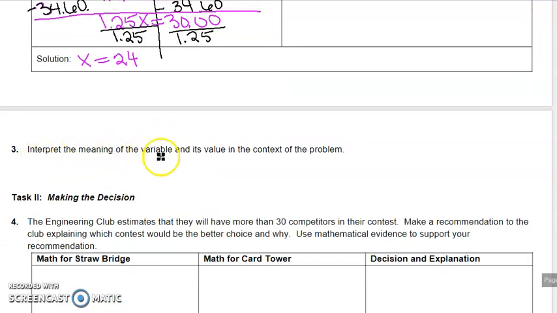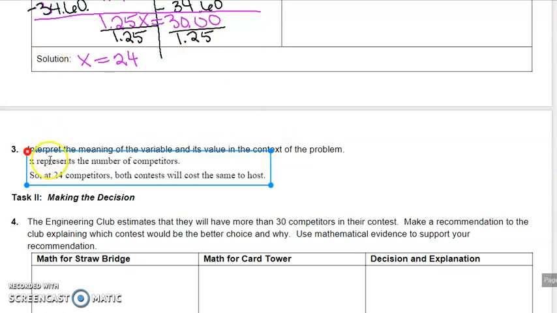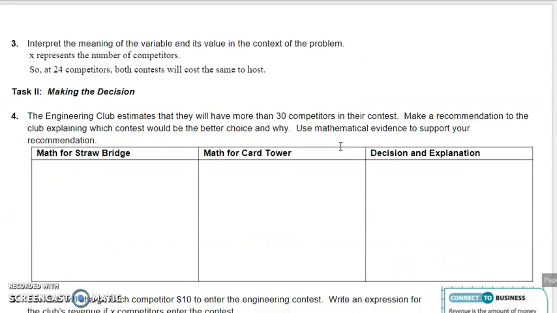Interpret the meaning of the variable and its value in the context of the problem. Since x represents the number of competitors, this means at 24 competitors, both contests will cost the same to host. So pause the video as needed if you need to copy that down or amend your answer slightly.